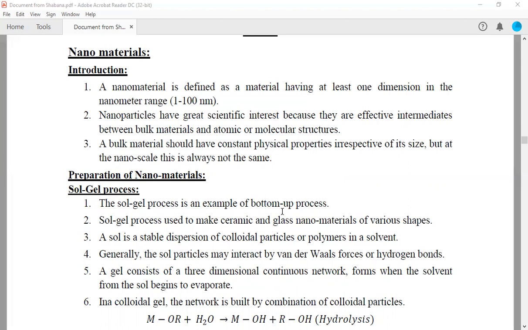Whereas in the bottom-up approach, very small particles like individual molecules or atoms are assembled to get clusters, which in turn are aggregated to get nanoparticles. This method is used to prepare new classes of nanomaterial. The best example is fullerene, which I'll discuss later in the next lectures.